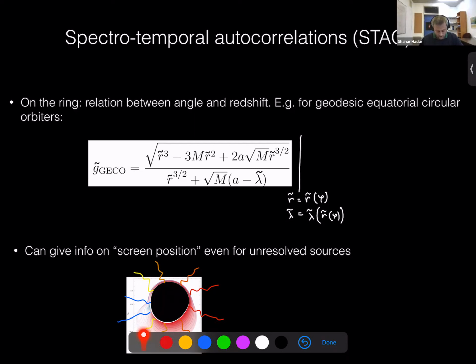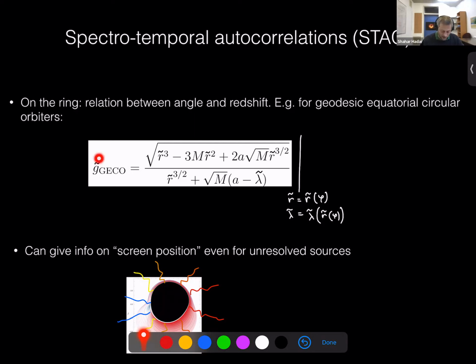So basically, you can look at this formula that I showed you before for equatorial circular geodesic orbiters, and you can transform it into a formula that relates the angle on the screen, varphi, with the redshift or the frequency that you're measuring, just by taking these R's to be the photon ring radii, and also taking this lambda to be the critical photon radius. This is basically what you're doing. Of course, this is an approximation, which is good only in the photon ring regime.